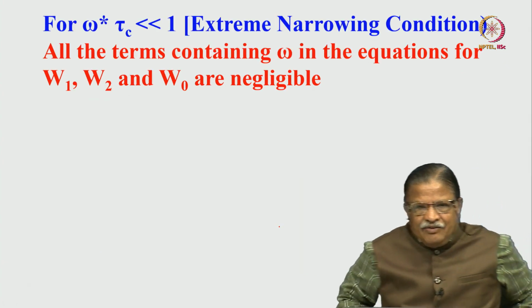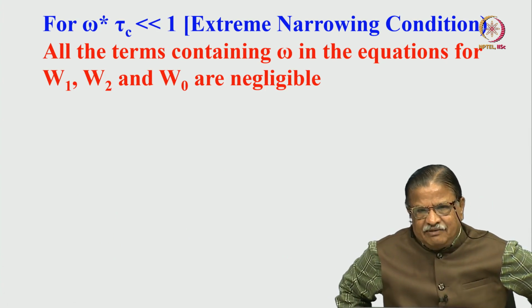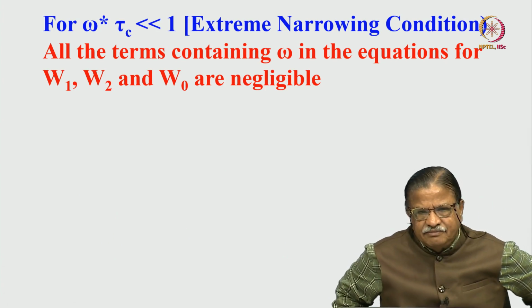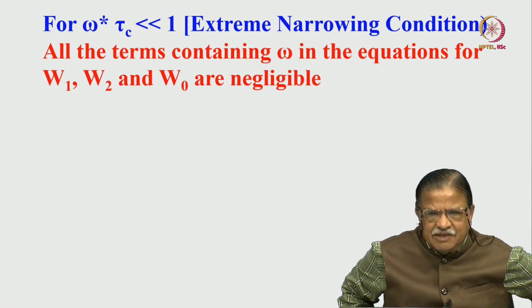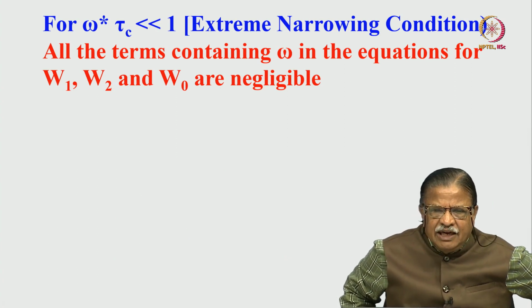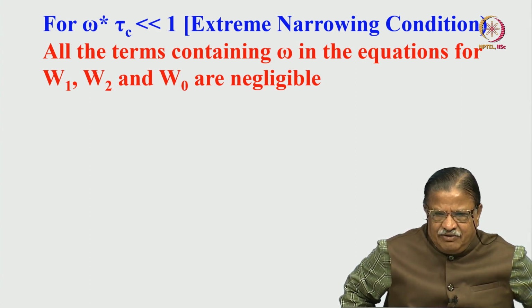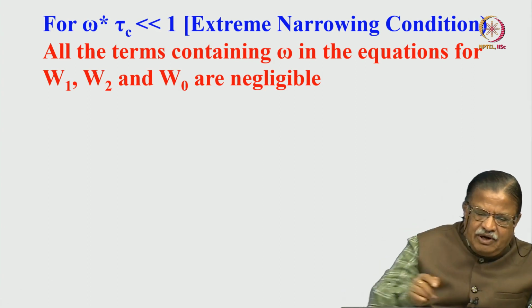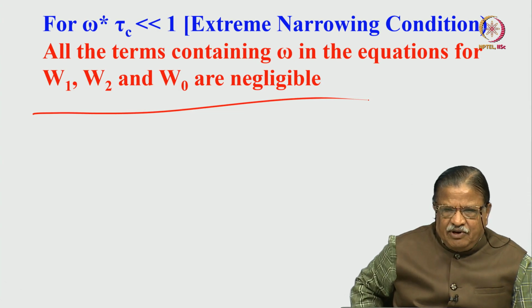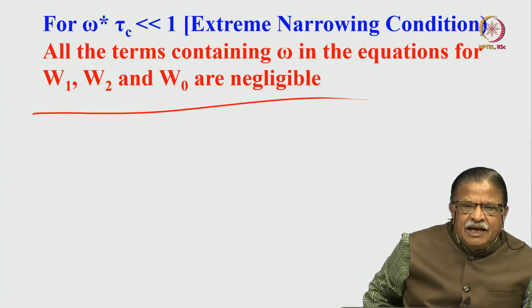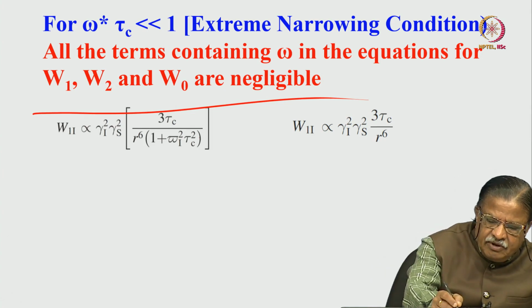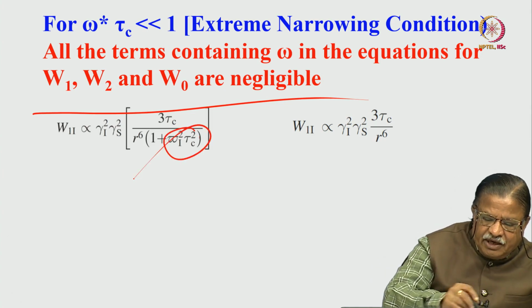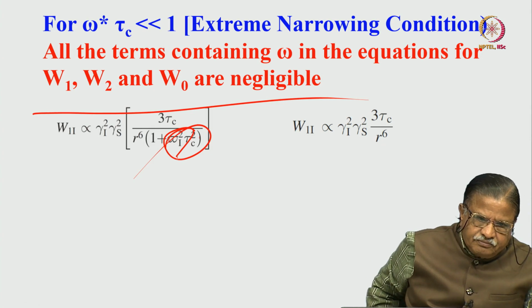And for omega tau c very much smaller than 1, the extreme narrowing condition, I am considering this situation. All the terms containing omega in the equations for W0, W1 and W2 are negligible. Why? We can see here. Look at this one. This is very much smaller than 1, so practically make it 0.